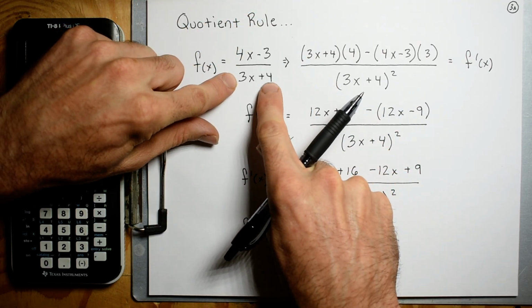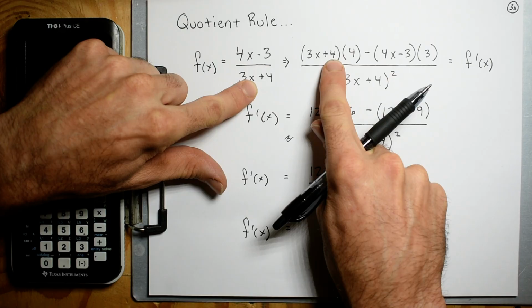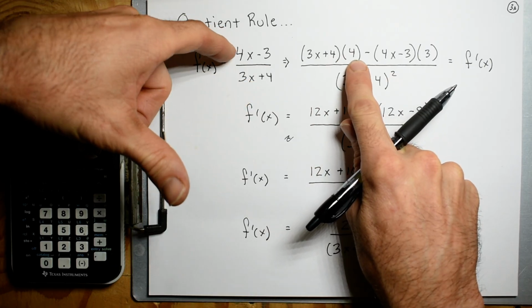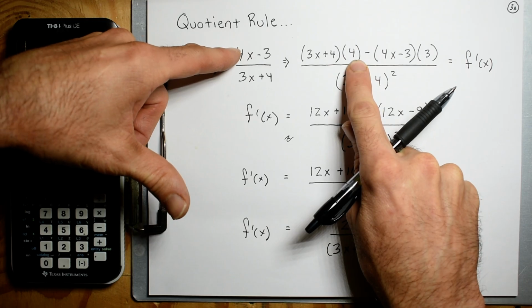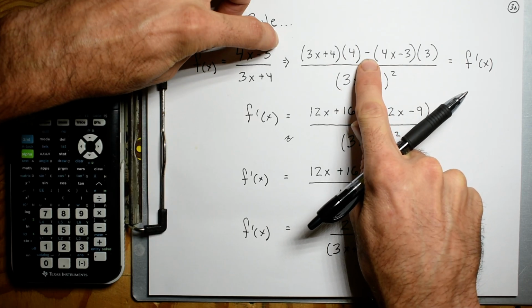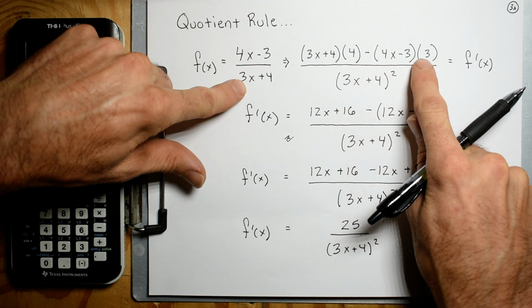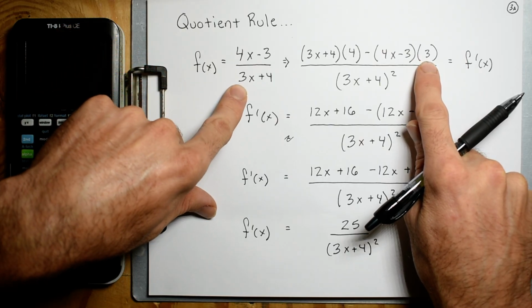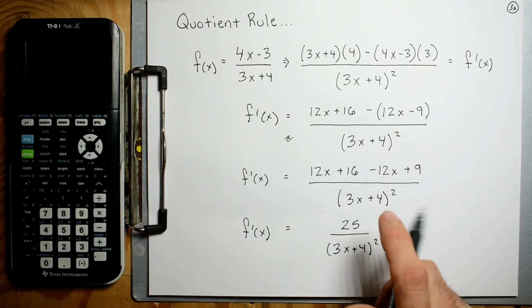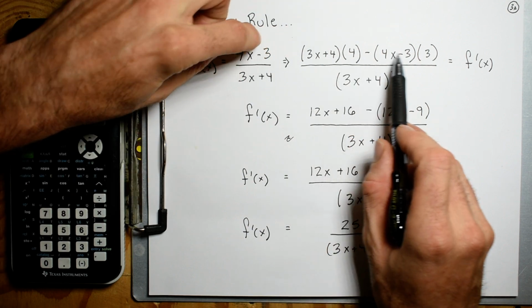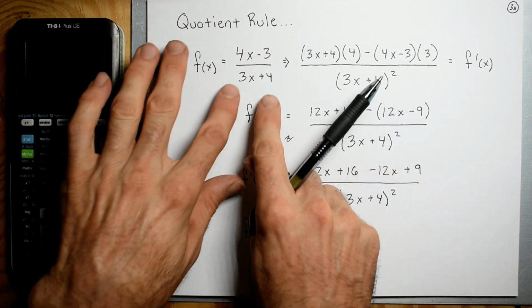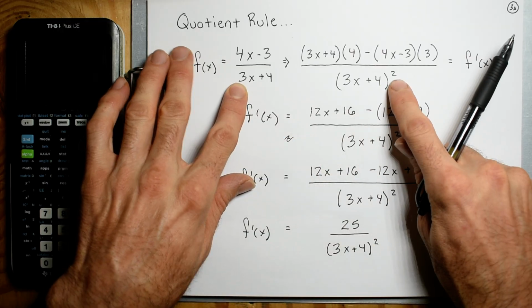So we have the lower portion, 3x plus 4, times the derivative of this upper portion, which is just 4, minus the upper portion, high, multiplied by the derivative of the lower portion, which is 3. So low d high minus high d low, all divided by the square of what's below.